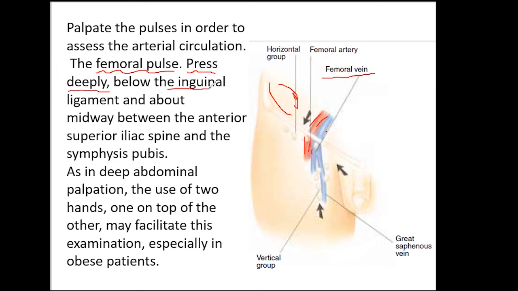Below that kind of ligaments, about like halfway between ASIS and the xiphoid process, or pubic symphysis. So that we make halfway here.